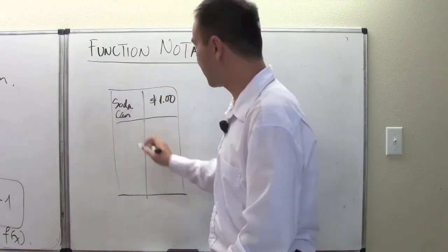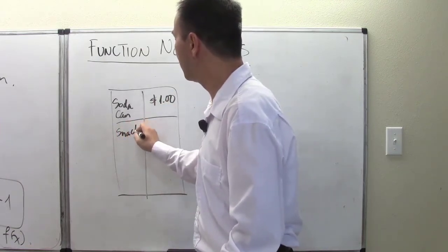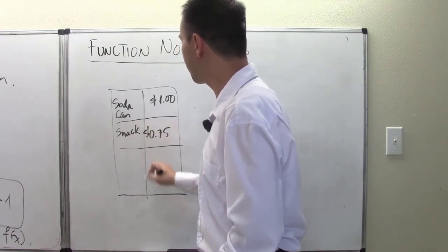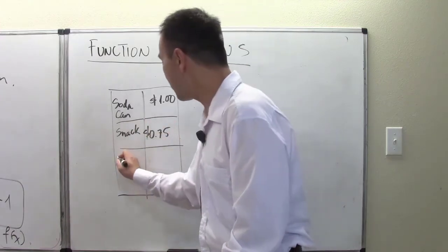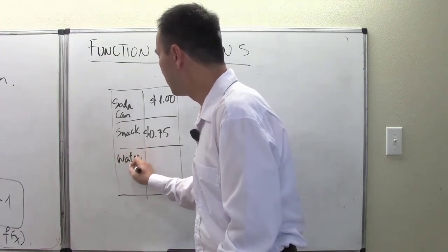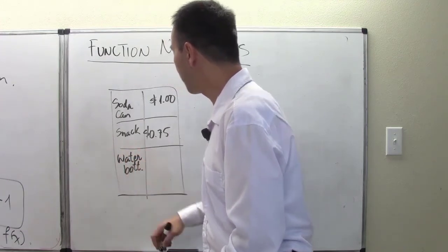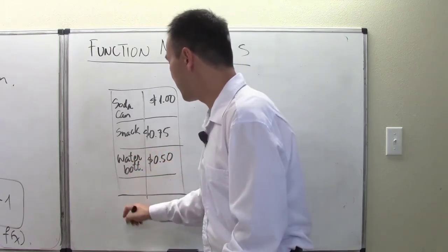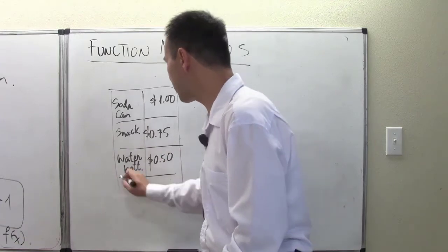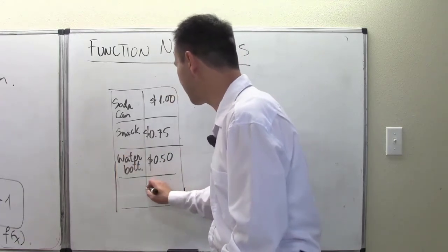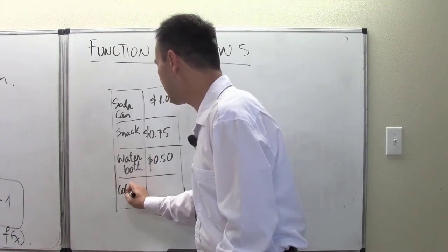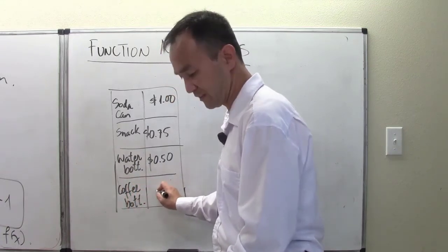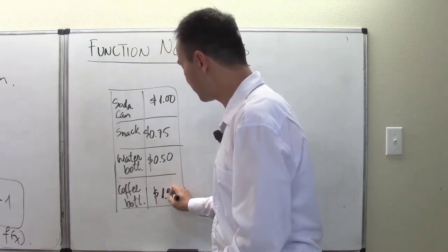Then we will get a snack at the price of 75 cents, and we get a water bottle at the price of 50 cents, and a coffee bottle, like a Starbucks bottle, at the price of $1.25.